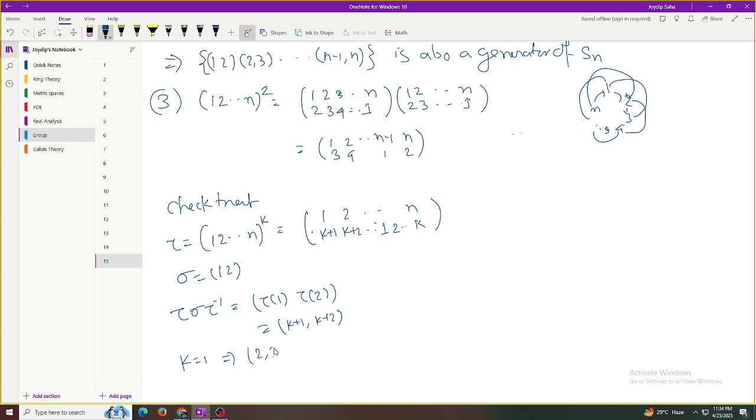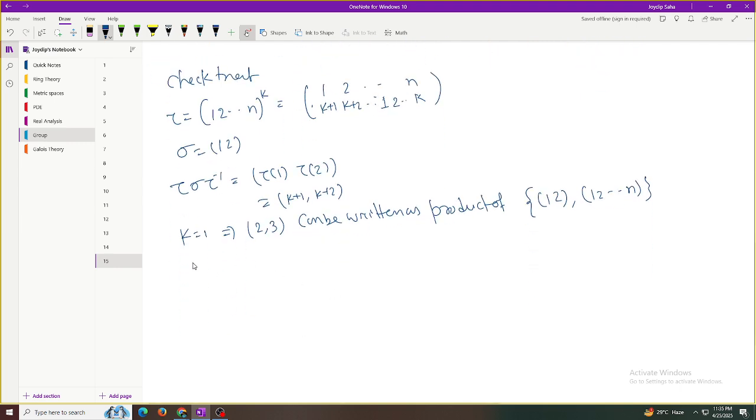This implies (2 3) can be written as a product of (1 2) and (1 to n). K equals 2.